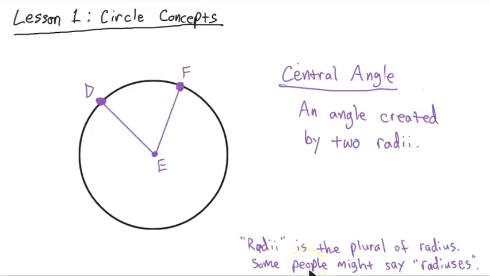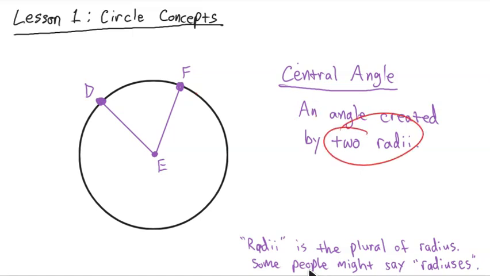Okay, so the first kind of angle we're going to look at is called a central angle. The reason it's called a central angle is because the angle happens at the center of the circle. So here we have circle E. The center of the circle is point E. And the definition we're going to go with is that it's an angle that's created by 2 radii.